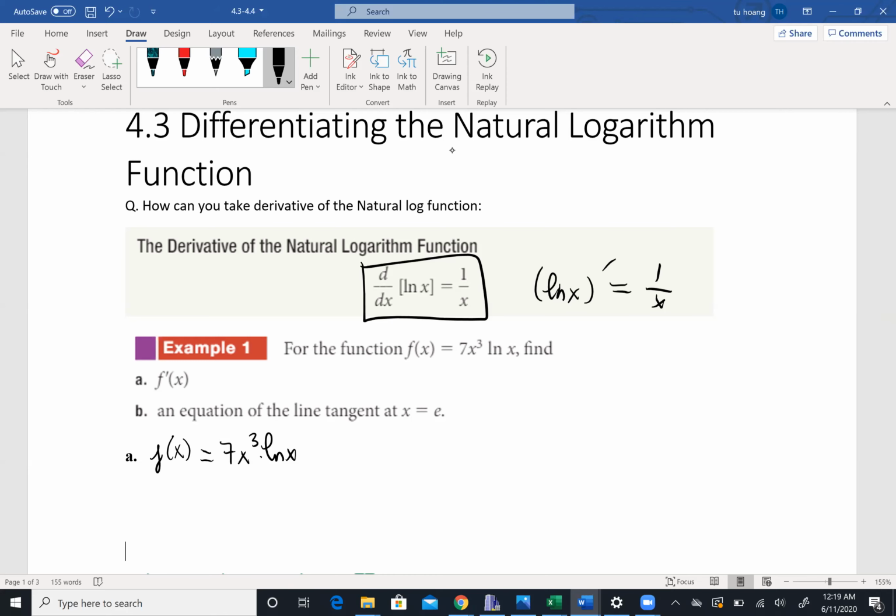So I can look globally and see that there is a polynomial multiplied with the natural log function here. So I have to use the product rule here, right? So I would like to say this is u and this is v.